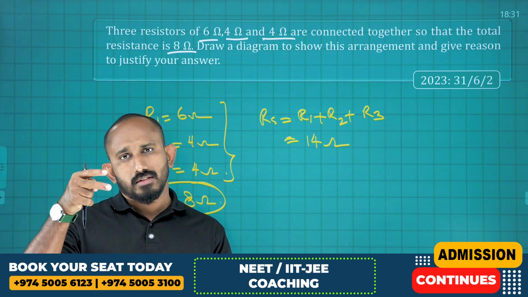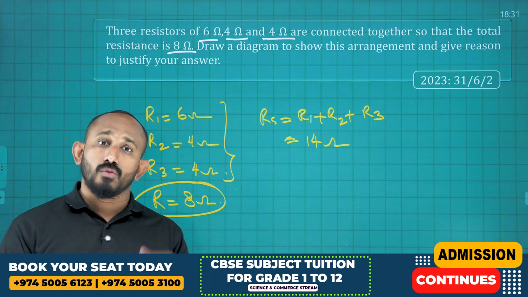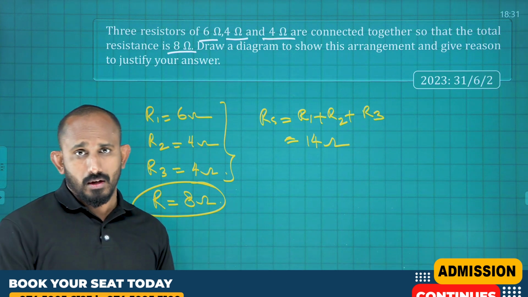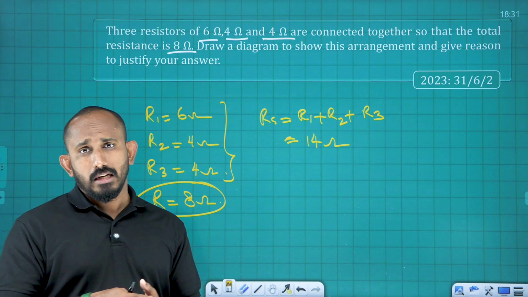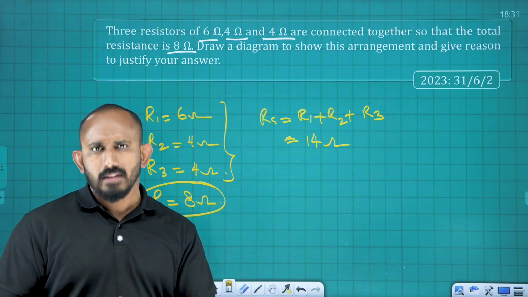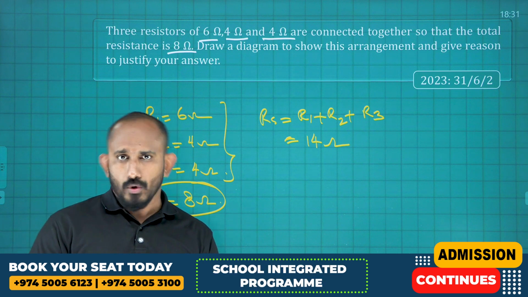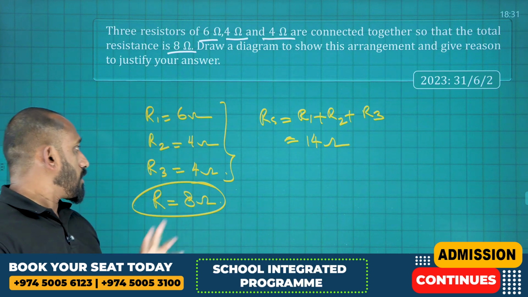So either 2 in series and 1 in parallel, or 2 in parallel and 1 in series. Let's try one. This is a trial and error method only. You have to try all the combinations. Sometimes, if you are strong in numericals, you could predict the answer by seeing the values. We need 8 ohm. We have 6 ohm, then two 4 ohms.